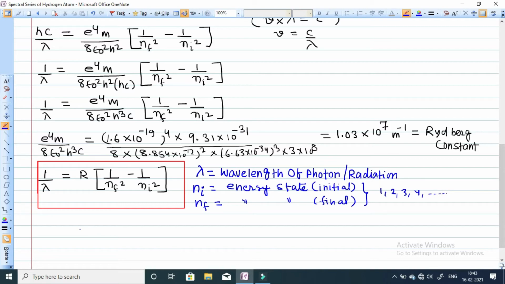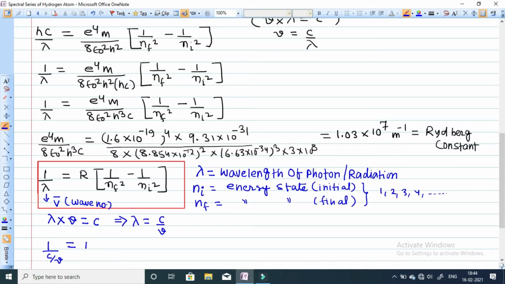Now we can reduce this expression in terms of frequency also. We have explained the relationship between wavelength and frequency: wavelength into frequency is equal to the speed of light, so lambda is equal to c by frequency.